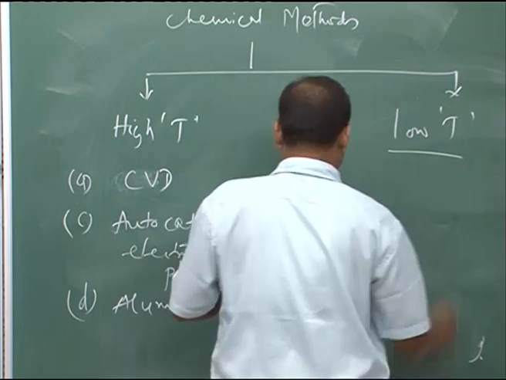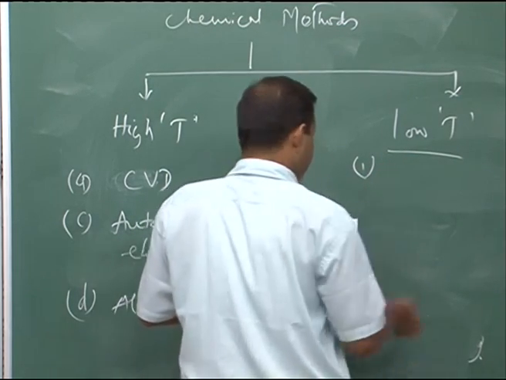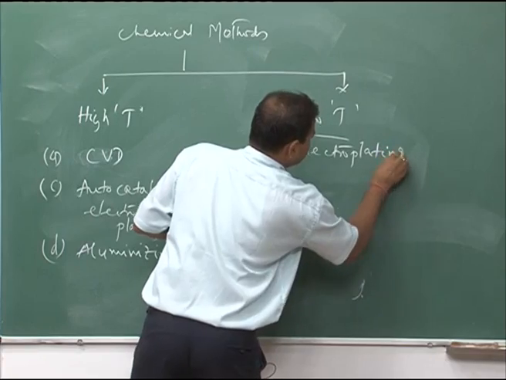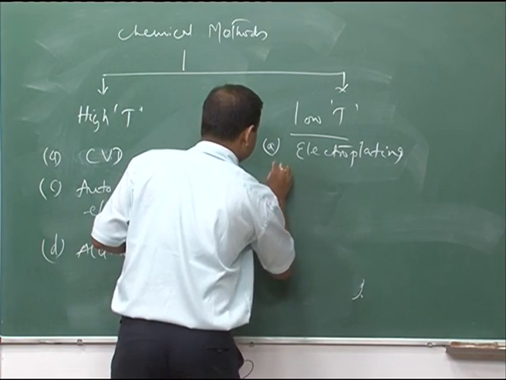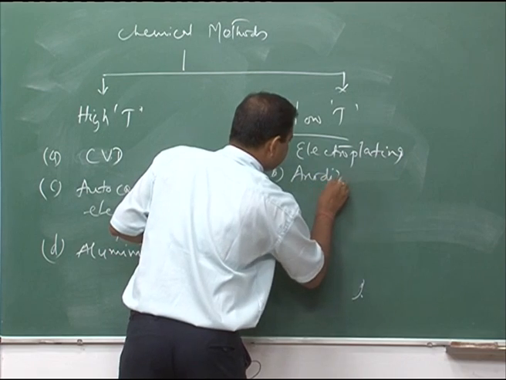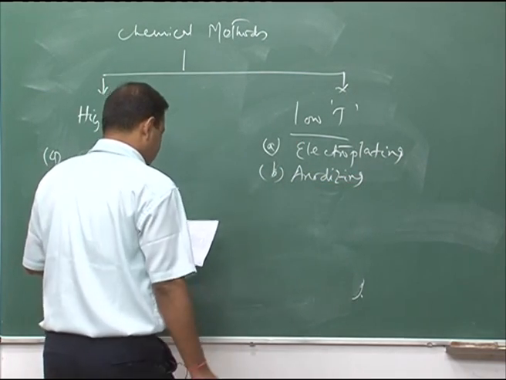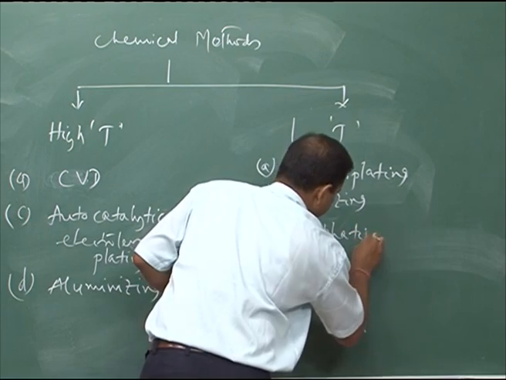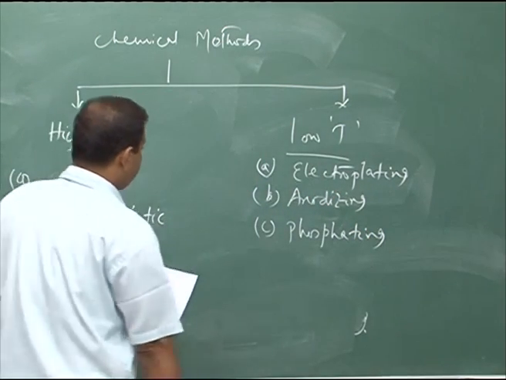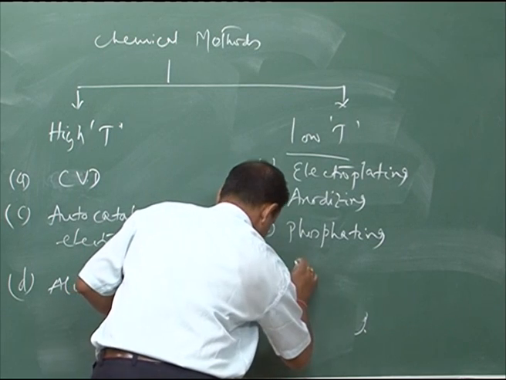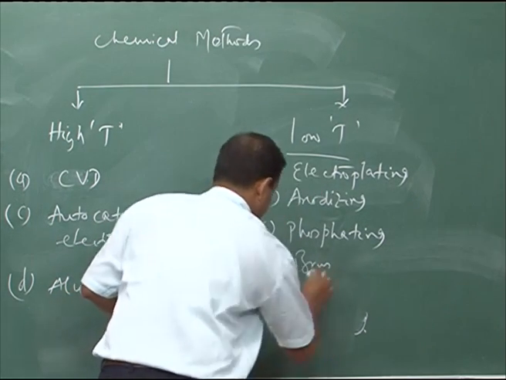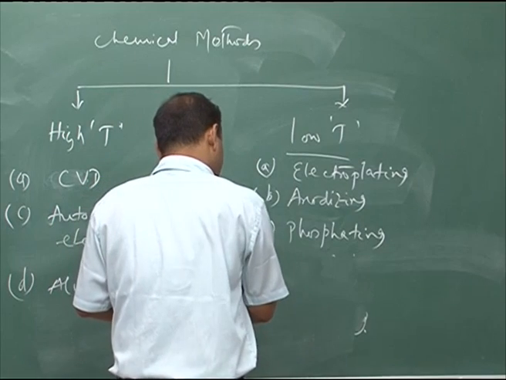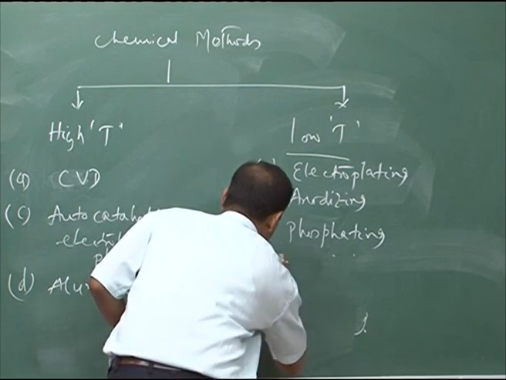In the low temperature case, we can have electroplating, anodizing, phosphating, brass plating, or vacuum deposition.